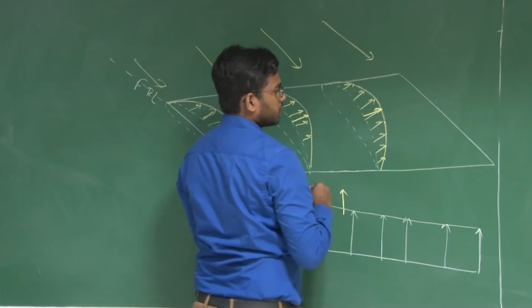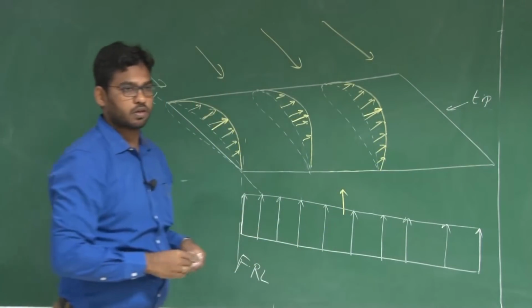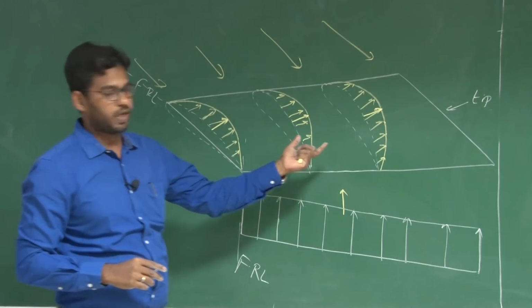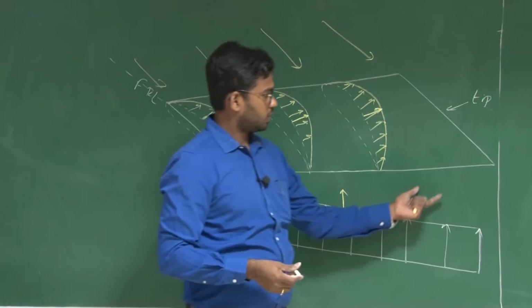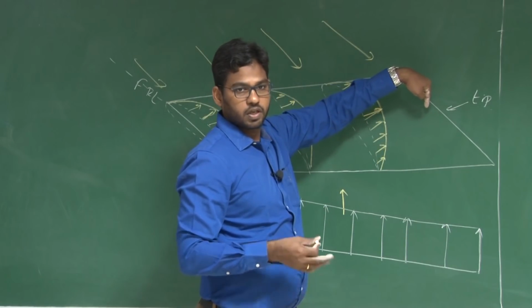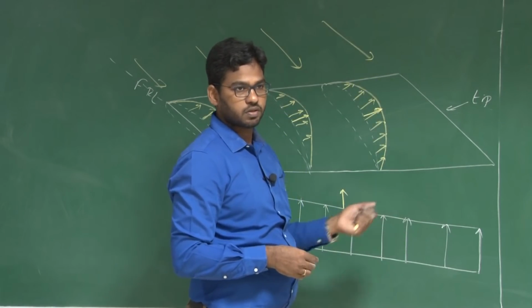This is the tip of this wing, and you have a tip aerofoil there. Similar to any other aerofoil along the span, this tip aerofoil will also have this pressure distribution. You have a greater suction on the upper surface compared to the lower surface.